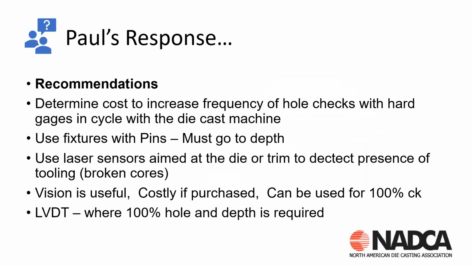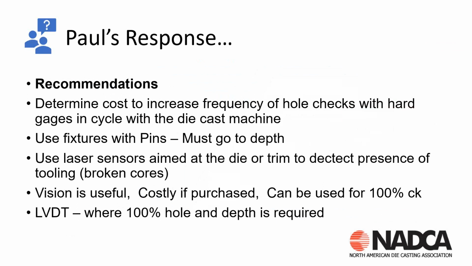So my recommendation: look at the frequency of your hole checks and the hard gauges you're using for those. Is it better to certify your critical holes, or to go to your hourly checks, or every 4 hours that you're doing right now? You've got to be able to use pins or core pins or gauges that must go to depth, like a flush pin.